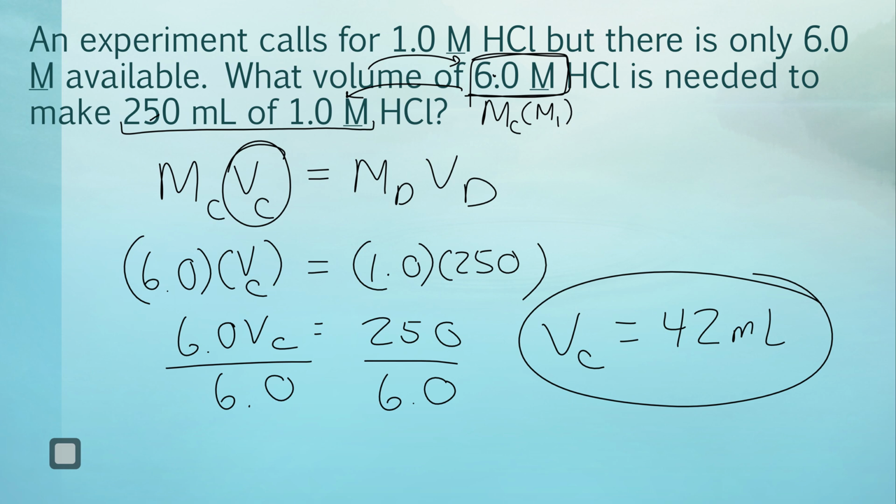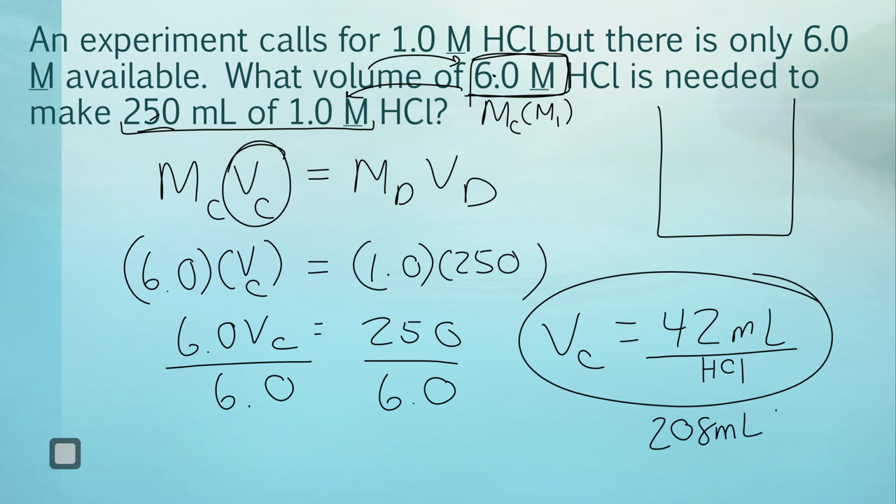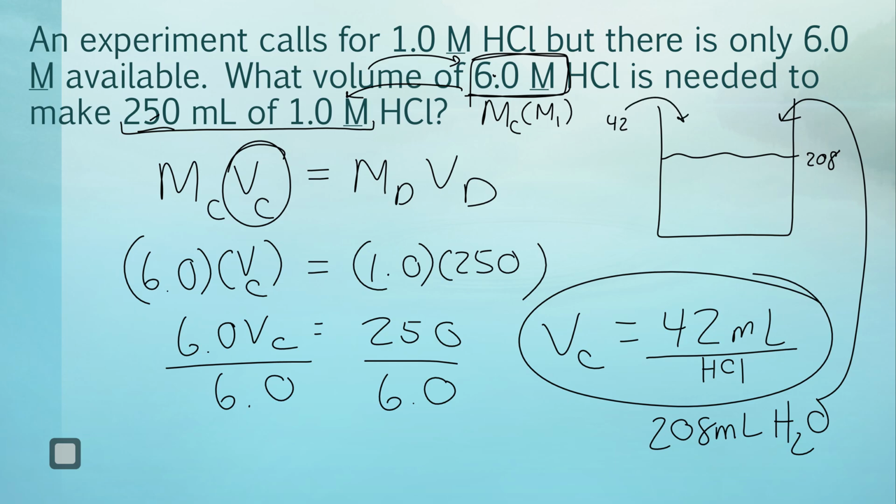What we mean by that, just to give you greater context, is what you'd actually do to create this solution. I have 42 milliliters of HCl, and the rest of the 250, which would be 208 milliliters of the solution, is water. The correct way to do this would be to add the water first up to 208, and then add the 42 milliliters of acid.